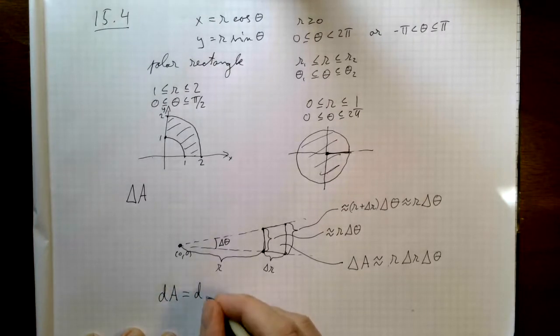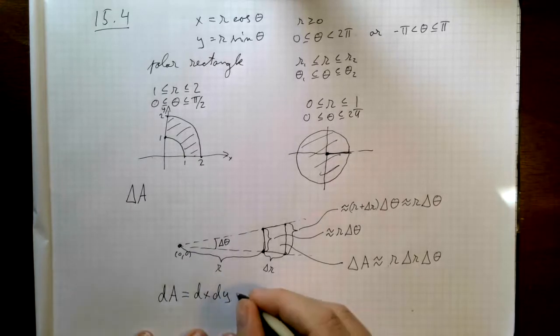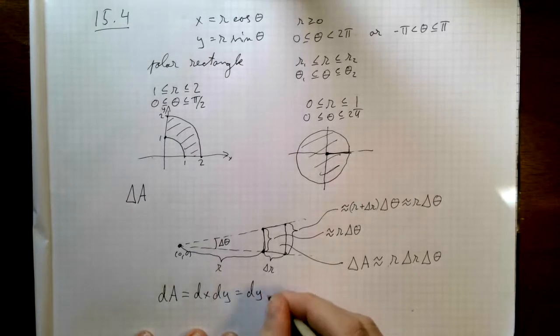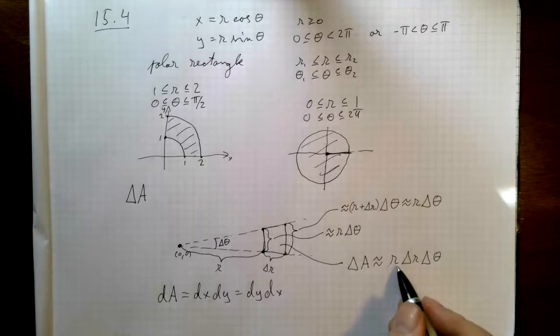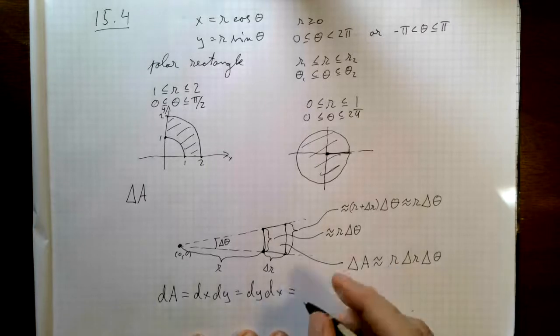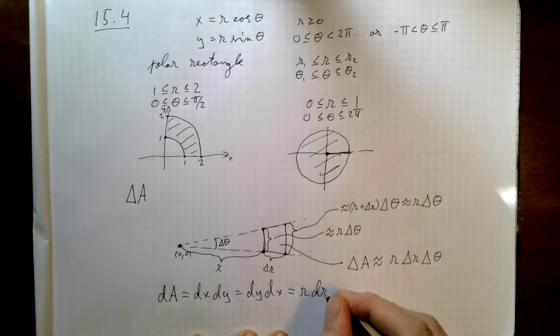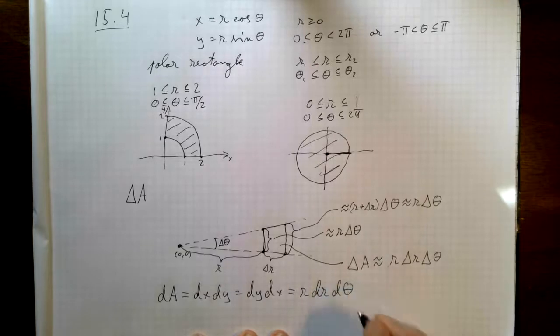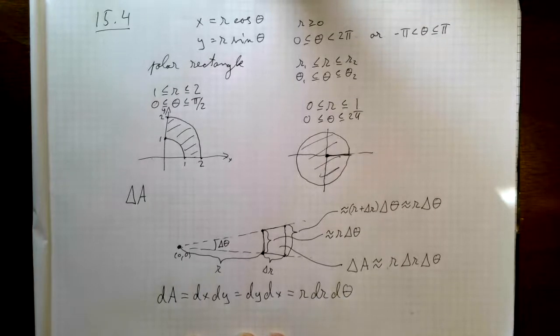This was dx dy, right? Or maybe dy dx, depending on which order you were looking at it. But now, because of this r, this is going to become r dr d theta, right? Or maybe r d theta dr. You can change the order here.